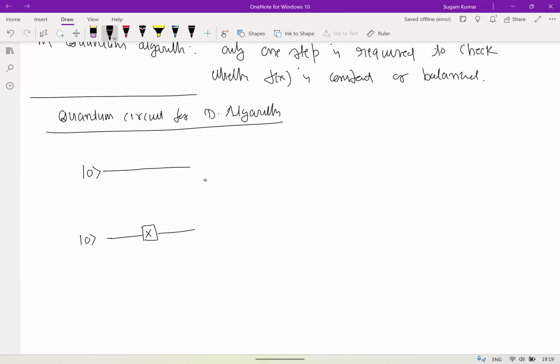And then the second step is that you apply the Hadamard gate in parallel. So technically, I am applying the Hadamard gate on both the states. Here you will have a 1 state, and it will produce a superposition state, and then this is fed into one oracle.